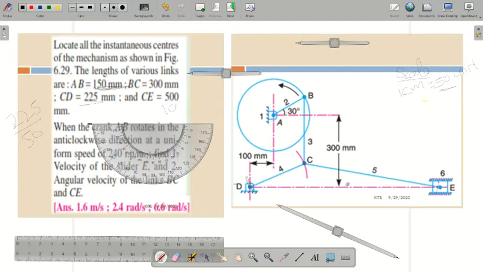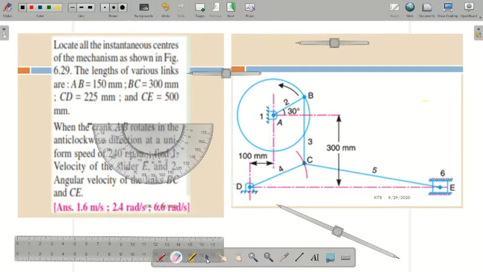Okay, now the space diagram is over. Now we have to mark the instantaneous centers. How are we going to mark the instantaneous centers?